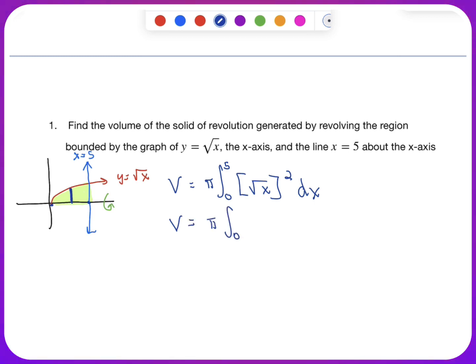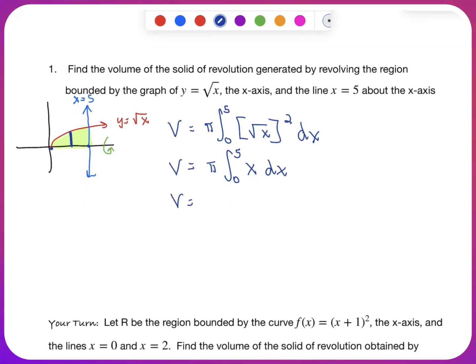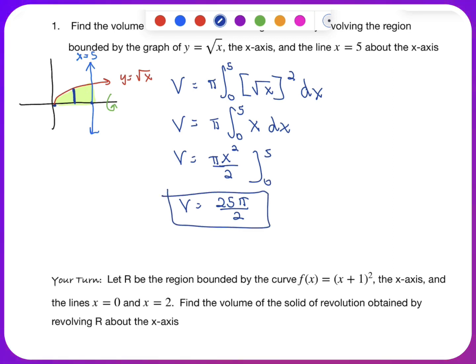Simplifying, we get the square root of x squared, which becomes x, so we can easily integrate that. Then evaluate that integral from 0 to 5. Plugging in 5, 5 squared is 25, so we get 25 pi over 2. Plugging in 0, this is 0. So that'll be our answer.